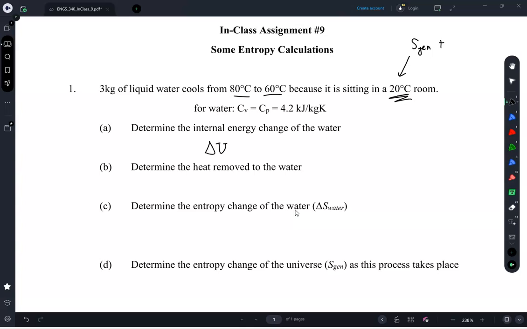That is delta capital U. That is the mass times the change in specific internal energy, or m C_v delta T. We can do the math quick.